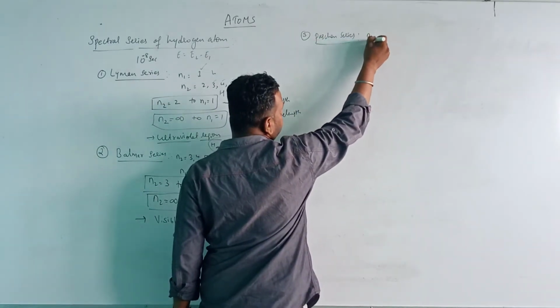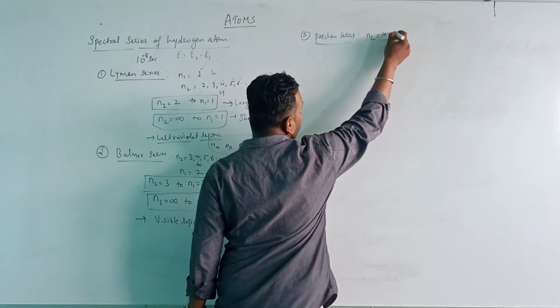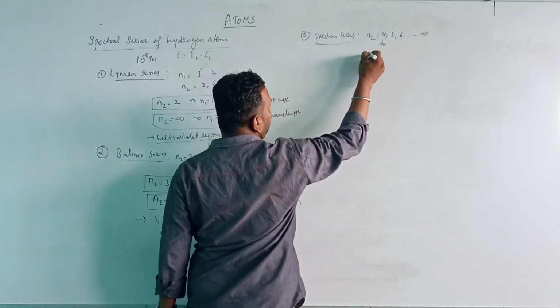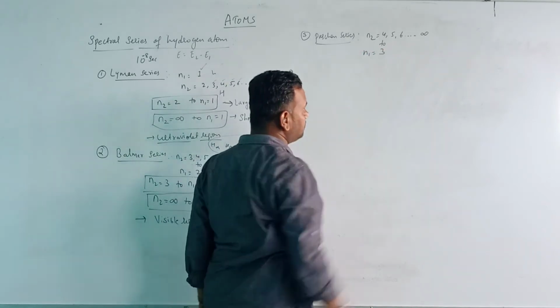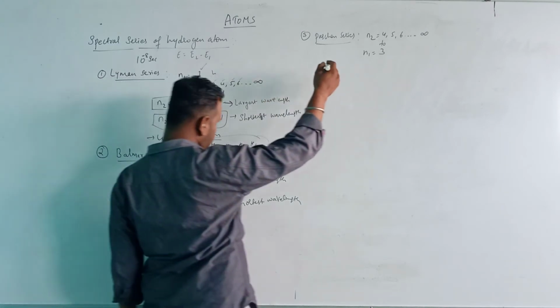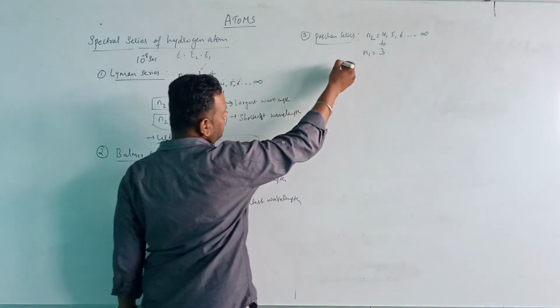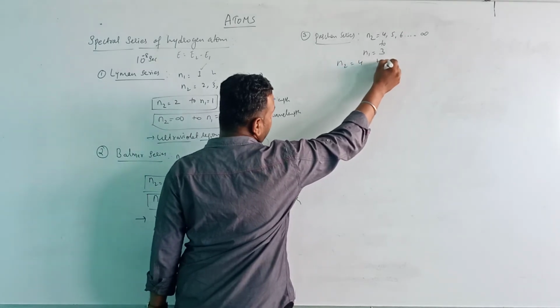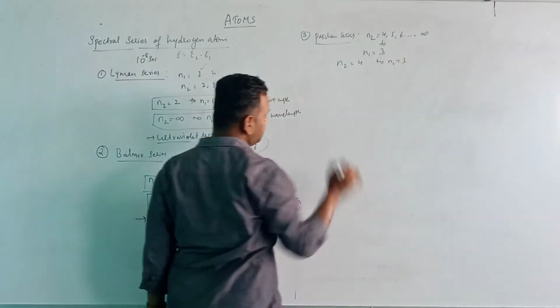Here higher orbit means n2 is equal to 4, 5, 6, up to infinity, to n1 is equal to 3. For the largest wavelength, n2 is equal to 4 to n1 is equal to 3.